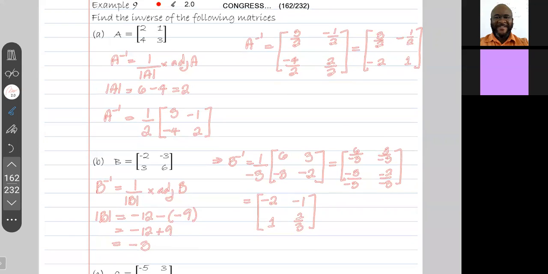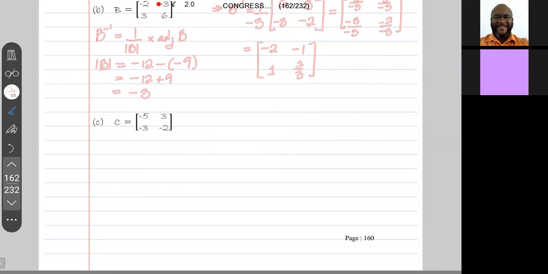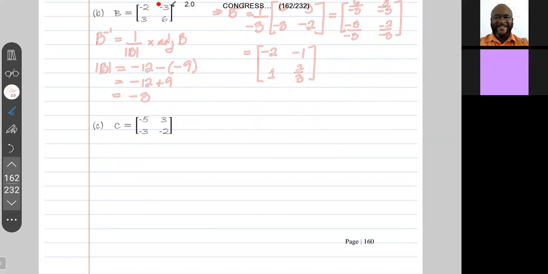Let's also calculate C inverse. Now, C inverse is equal to 1 over the determinant of C times adjoint C. Now, the determinant of C is minus 5 times minus 2, that's positive 10, minus 3 times minus 3, which is minus 9.